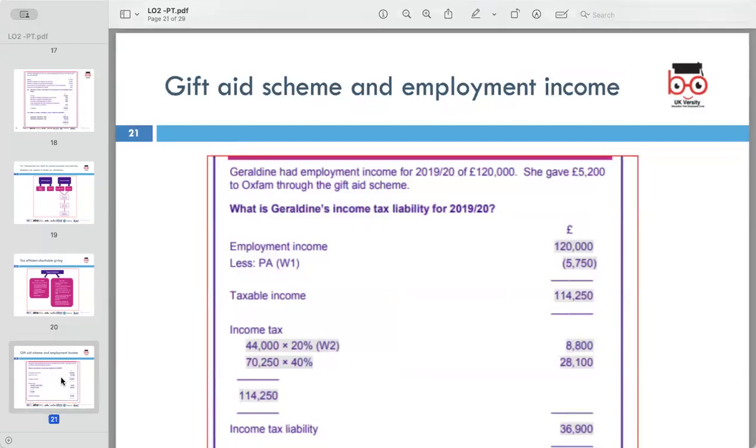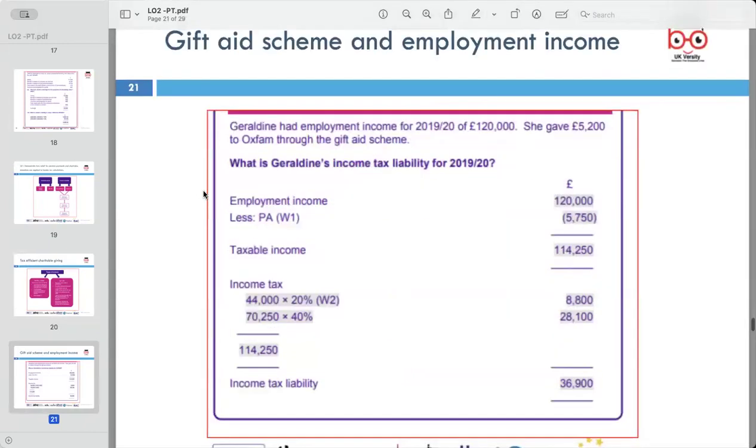Gift aid schemes and employment income calculations, you can see here, Geraldine had employment income in 2019-20 of 120,000 pounds.